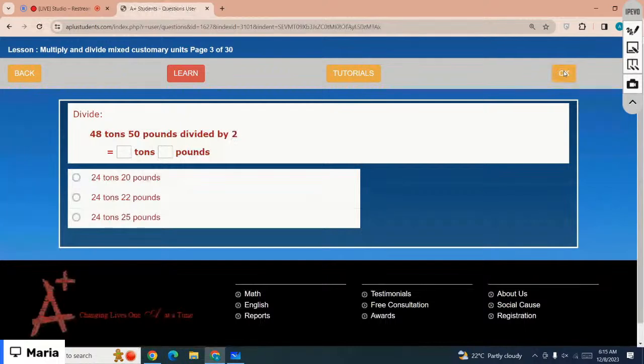The next one is 48 tons, 50 pounds divided by 2. So, which is the correct option?